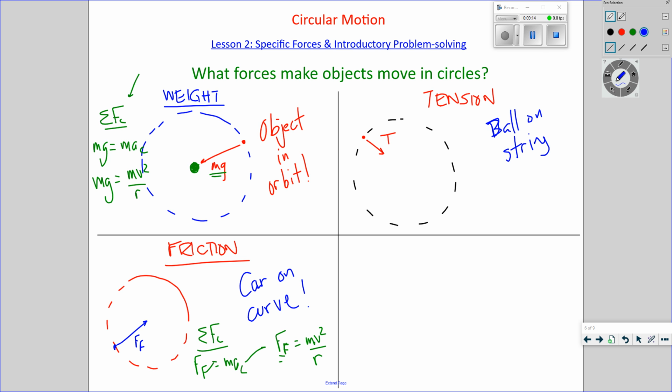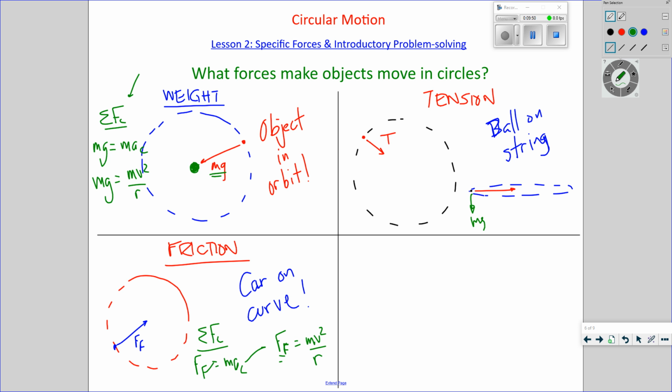Now, in many cases this gets simplified. Here's a sort of end-on view of the path. We will simplify to say, here's the object, and it's the tension that points straight in. But the tension can't point straight in because there is a gravitational force downward on this thing. So there actually has to be some component of tension that points upward to be equal and opposite to the gravitational force.